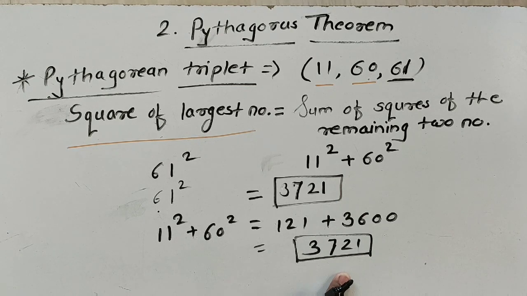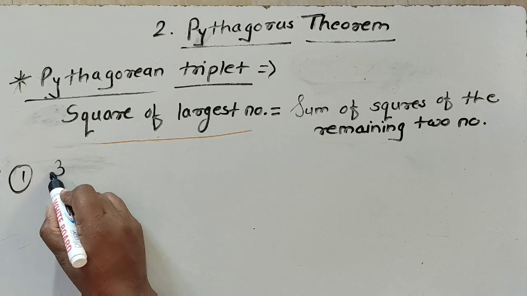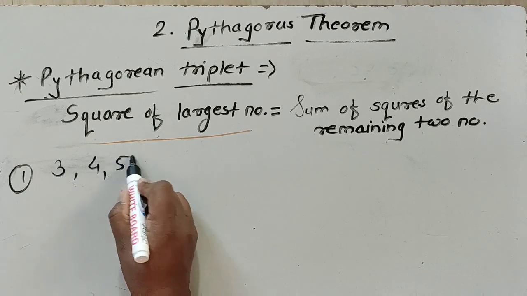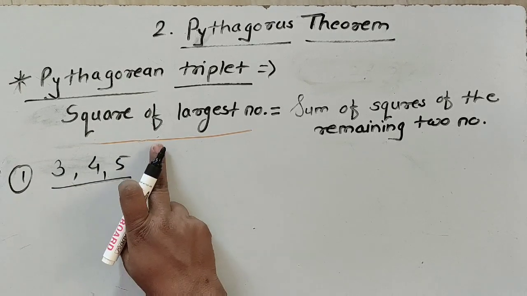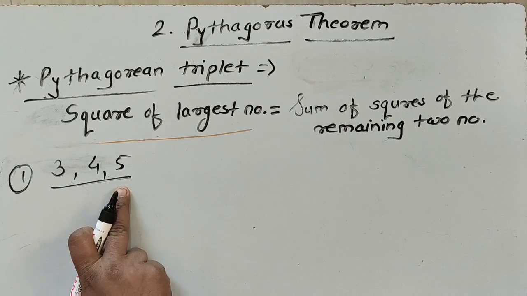Same way, we will see some more examples which follow the Pythagorean triplet. Inside it, 3, 4, 5 is a Pythagorean triplet. As per our rule, the square of the largest number. So which is the largest number? 5.